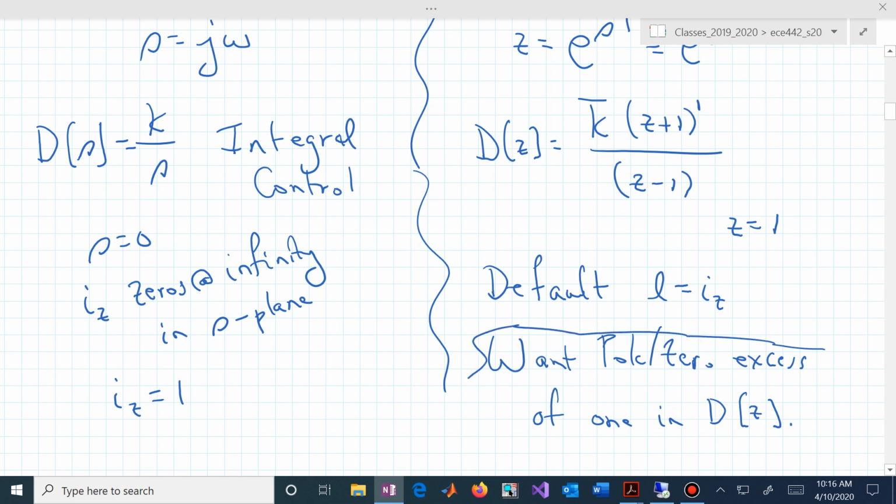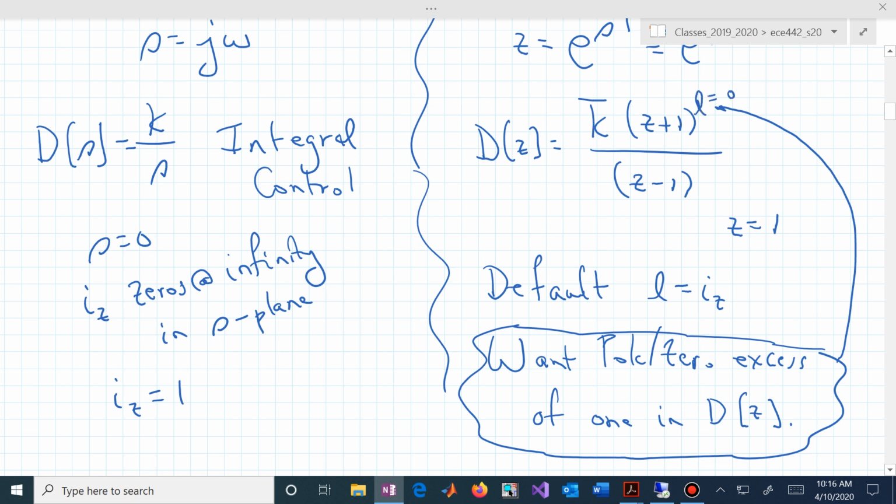But now, if this statement is enforced, we want a pole zero excess of 1 in D of z, then we would actually not want that L to be equal to 1. We would want it to be equal to 0. And in that sense, that z plus 1 factor shrinks down to just being a constant 1.